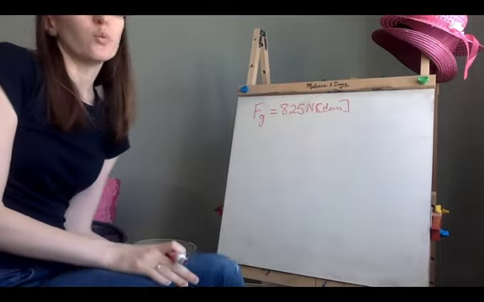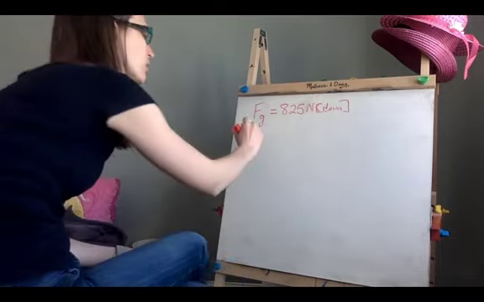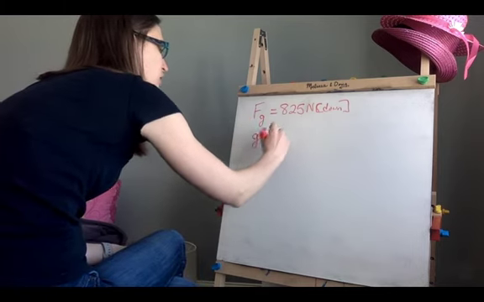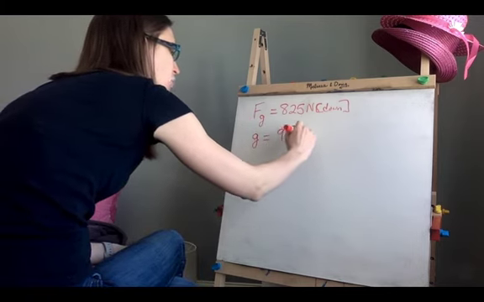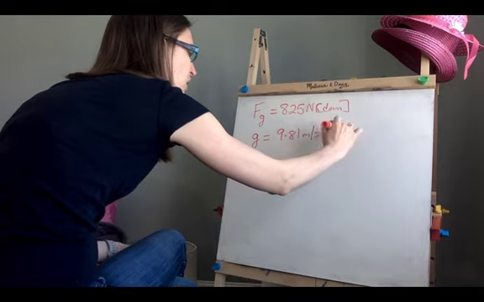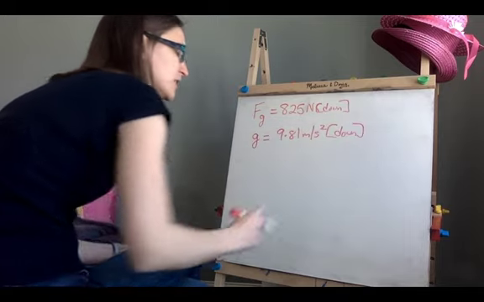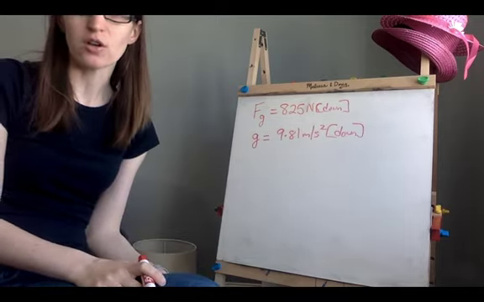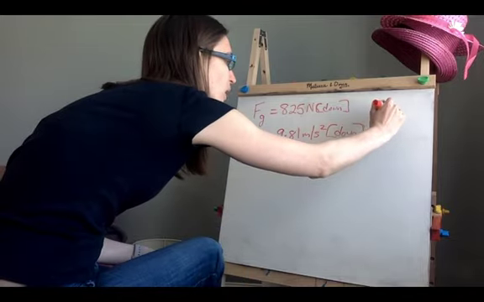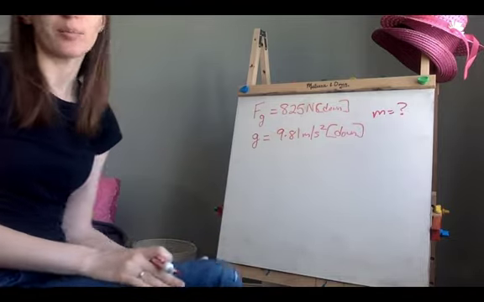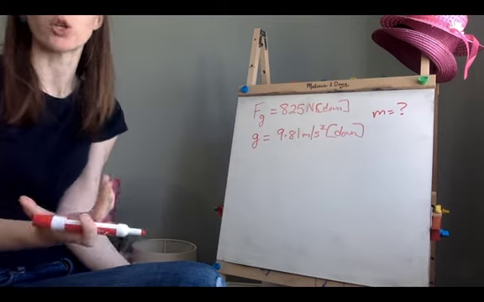Okay. We know that it's on Earth, so we know that the acceleration due to gravity, g, is 9.81 meters per second squared, again, pulling down towards the surface of the Earth. And we are being asked for what is the mass of that particular object, right? Or this person per se, right?